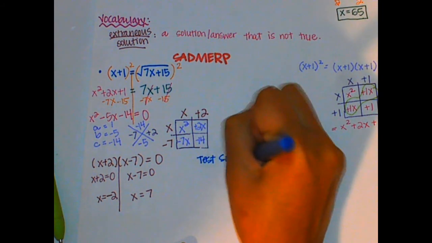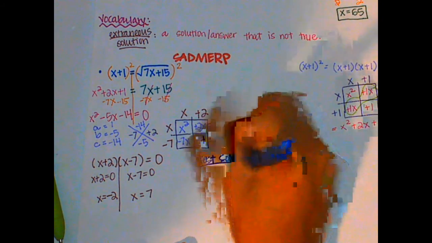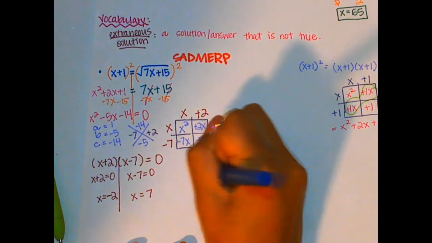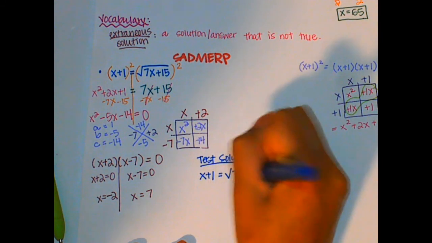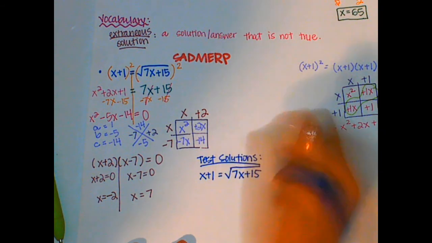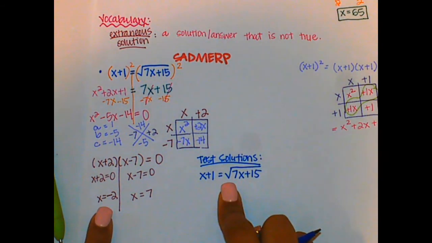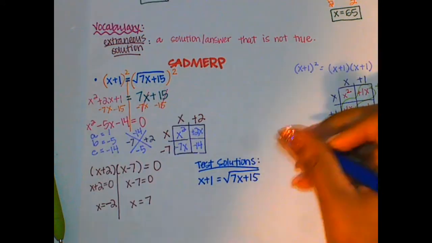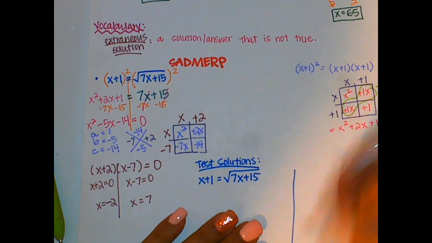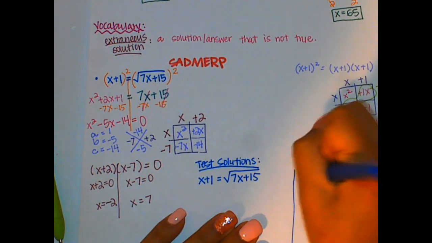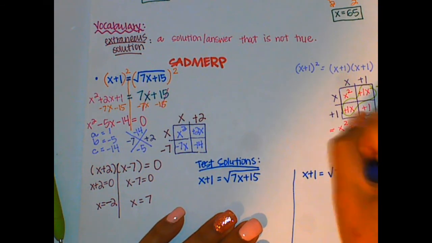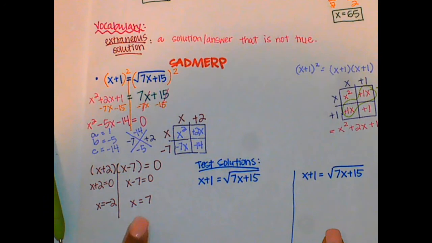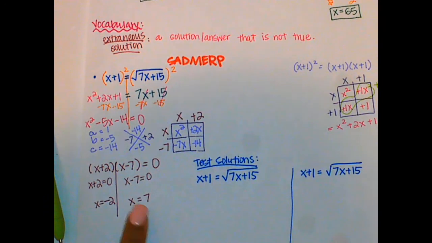So I'm going to say x plus 1 is equal to radical 7x plus 15. And in this one, I'm going to plug in my negative 2. And then I'm going to write it again over here. X plus 1 is equal to the square root of 7x plus 15. And on this side, I'm going to test x is equal to 7.